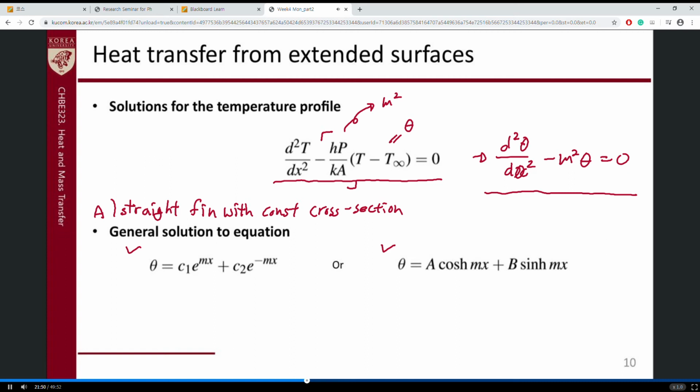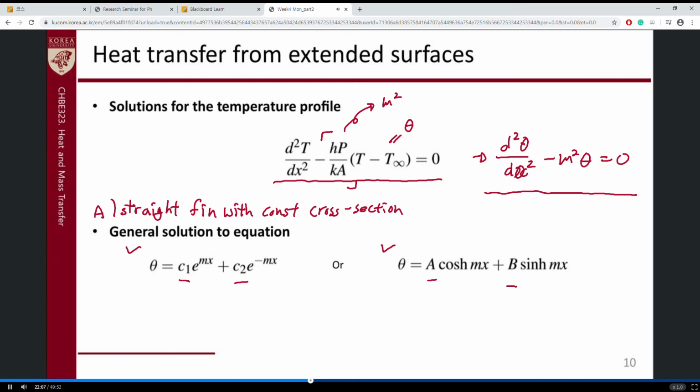So we need to find what is C1 and C2. To fully get these variations, we have to set up the boundary conditions, right?